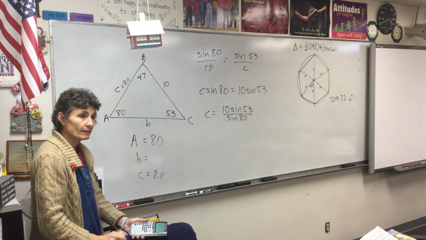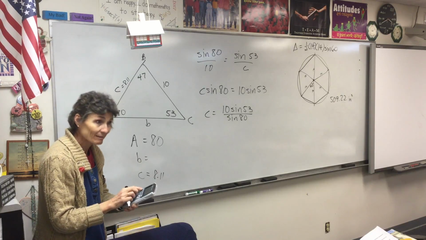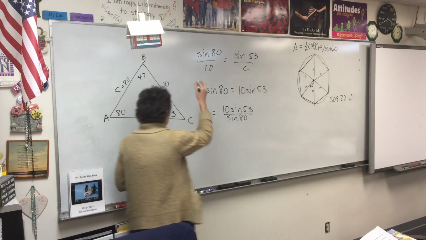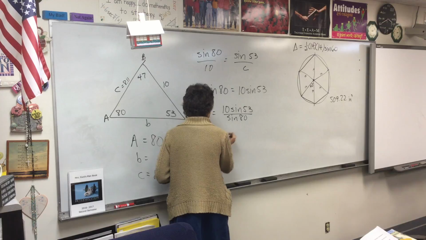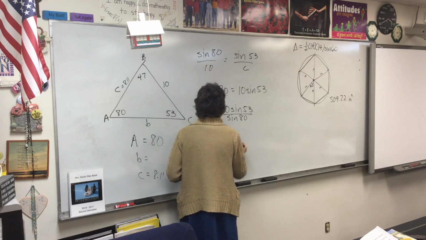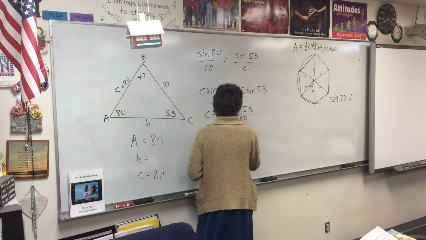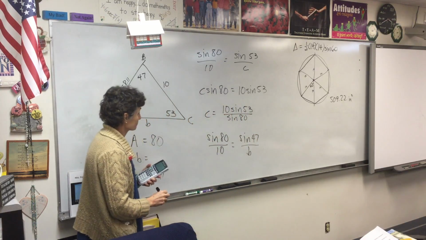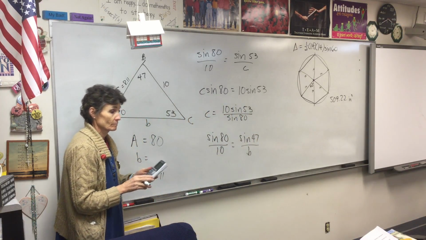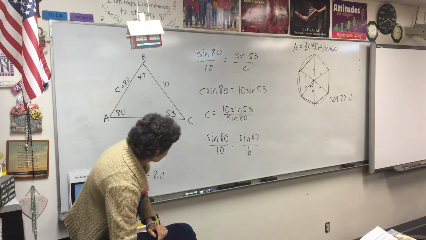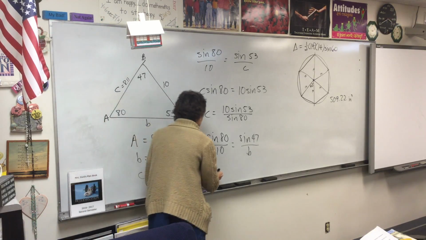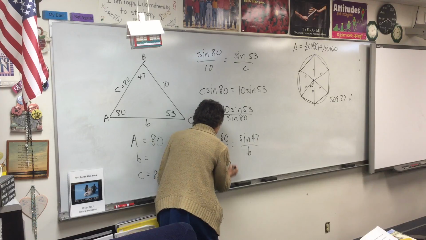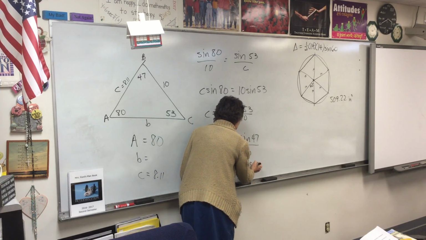Now we got to do it again. In fact, we're going to do exactly the same thing. Still going to use sine 80 over 10, but now we'll say sine 47 over B. B sine 80 equals 10 sine 47.